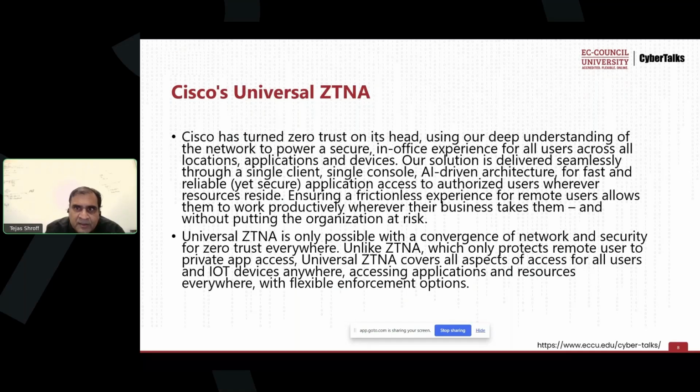So Cisco has used their deep understanding of the network to power a secure in-office experience for users all across locations, applications, and devices. The solution gets delivered seamlessly through a single client, single console. Obviously, AI has to be splattered everywhere these days, so AI-driven architecture for fast and reliable yet secure application access to authorized users wherever the resources reside.